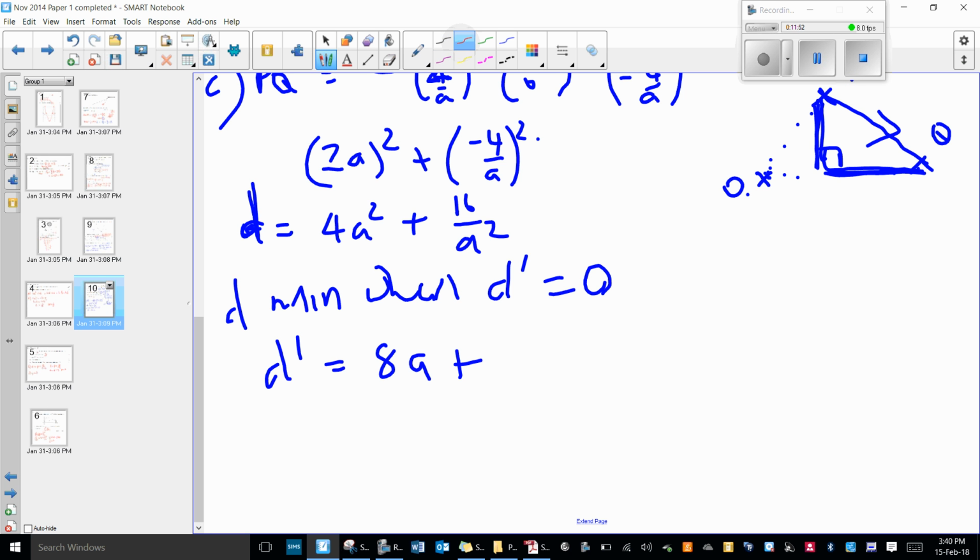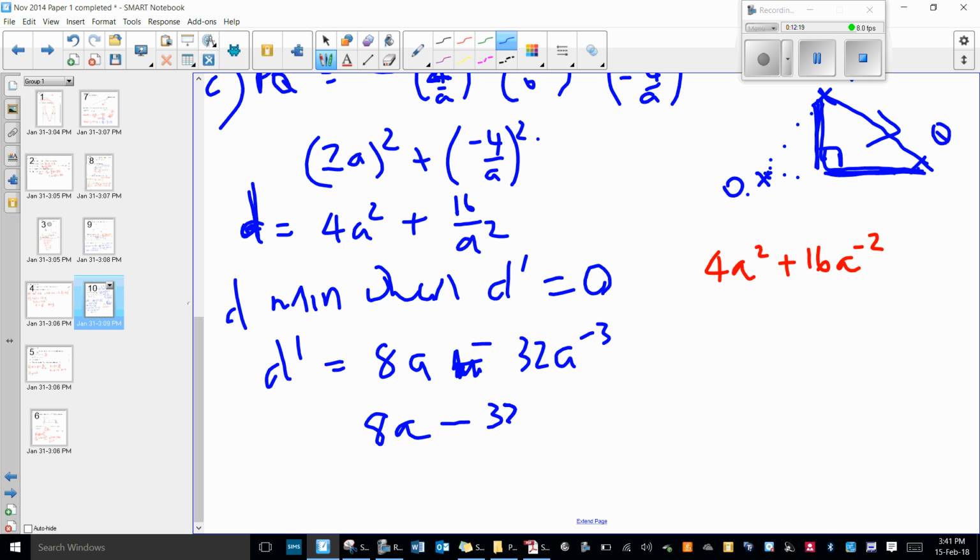So that's 4a squared plus 16a to the negative 2. Going to the derivative, we've got 8a minus 32a to the negative 3. So 8a minus 32 over a cubed equals 0 for the minimum.